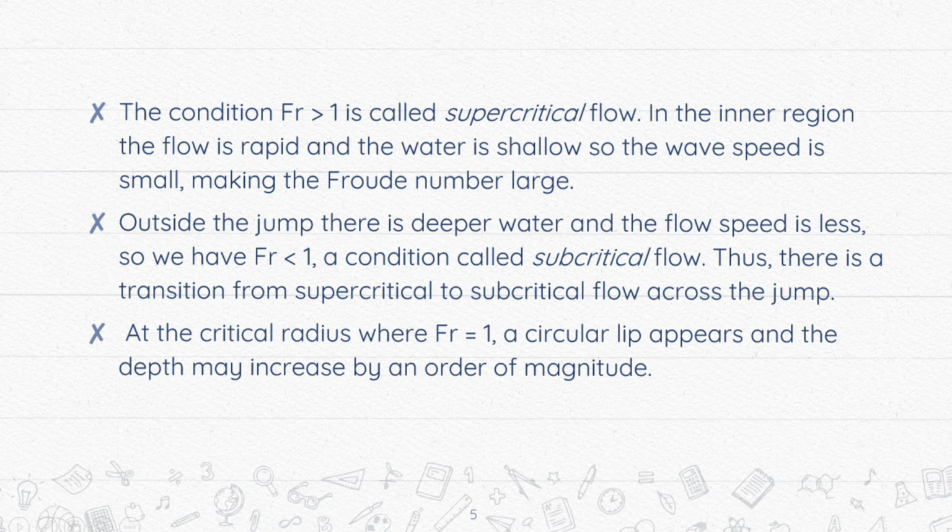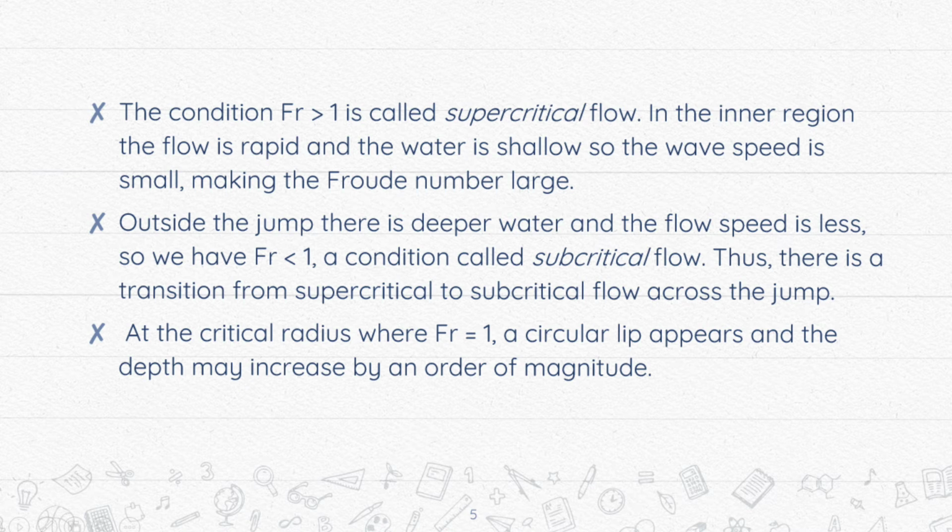We go to the result. When the condition Fr is bigger than 1, it's called supercritical flow. In the inner region, the flow is rapid and the water is shallow, so the wave speed is small, making the Froude number large. And outside the jump there is deeper water and the flow speed is less, so we have Fr less than 1, a condition called subcritical flow.